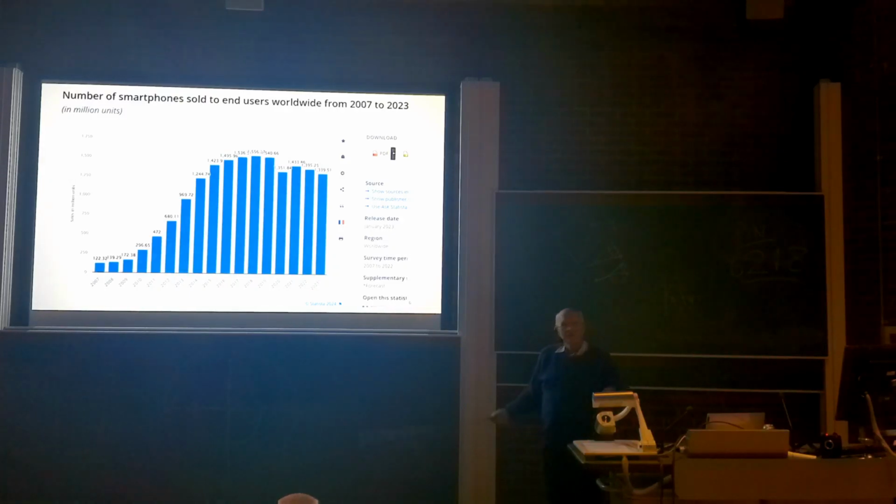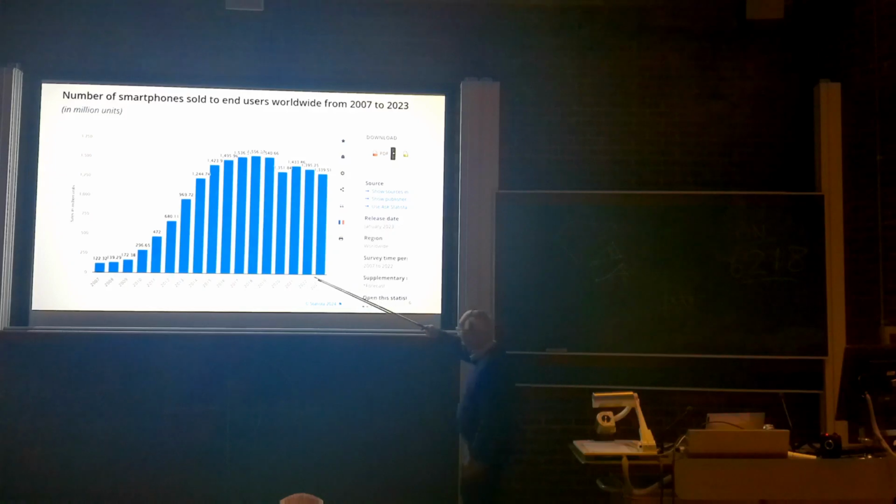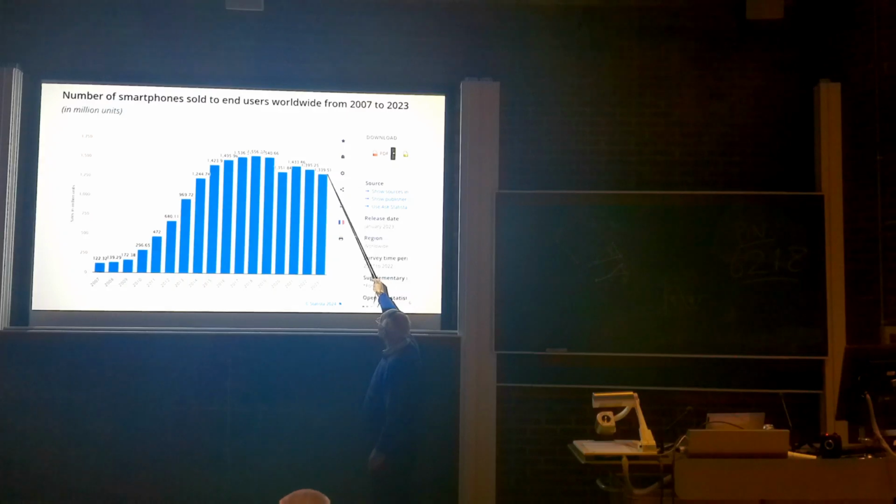But that was 2020, and an interesting thing has happened to the numbers per year. They actually went down. I don't know if it was COVID or whatever it was, but they've only just been creeping back up again. So 2020 was a low year, and then it crept up a bit and then went down.